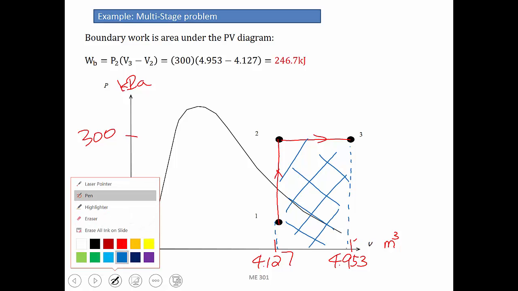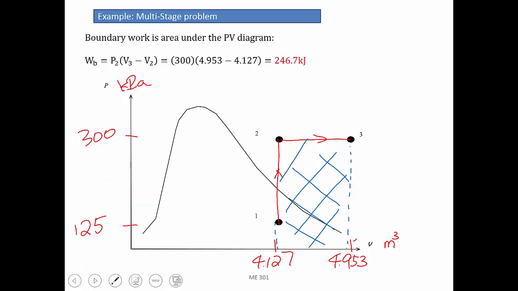Therefore, we can find the boundary work as the area under the PV curve, which is the area of the rectangle. The width is the difference between the two volumes and the height is 300. And we arrive at our final answer of 246.7 kilojoules.